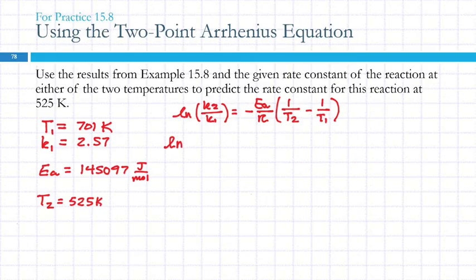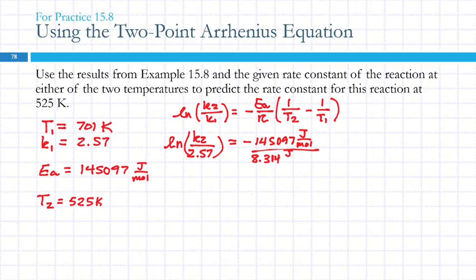So the natural log, we're looking for K2 divided by K1, is going to be equal to negative 1.45097 joules per mole divided by 8.314 joules per mole Kelvin, times one over T2. T2 is 525. T1 is 701.